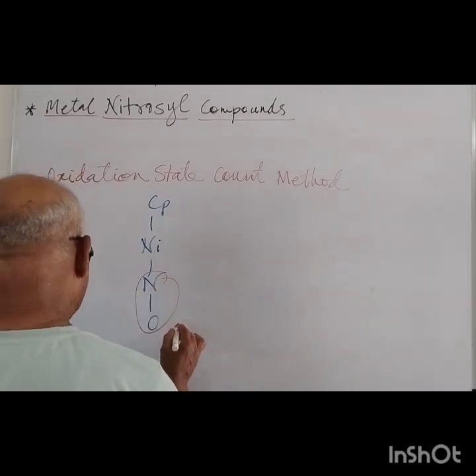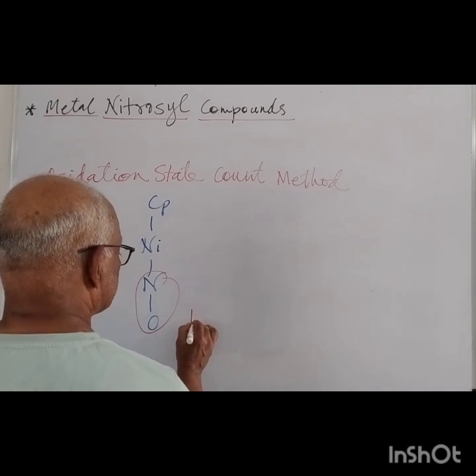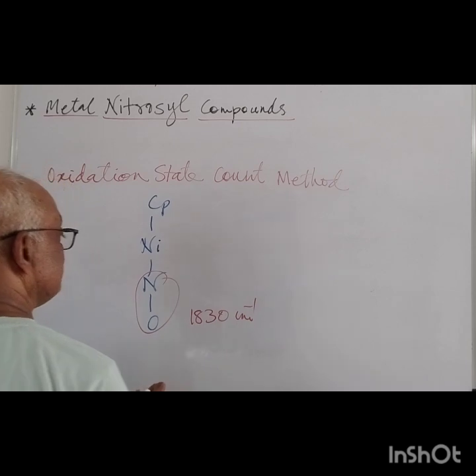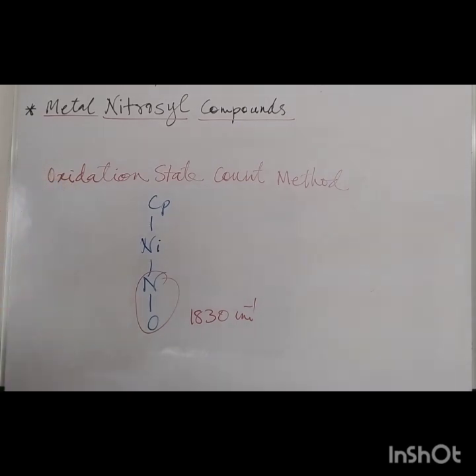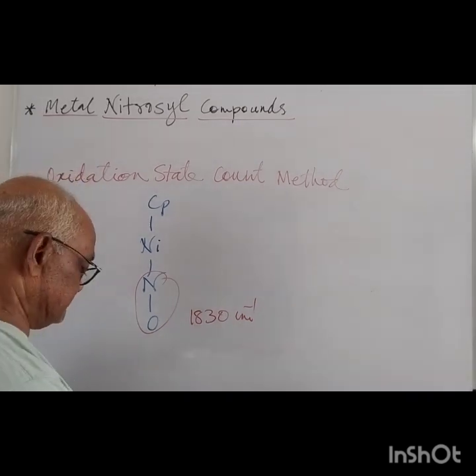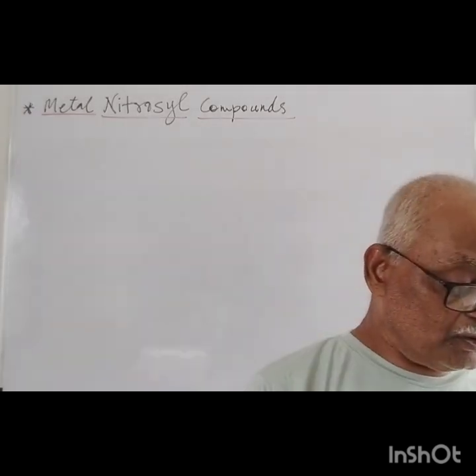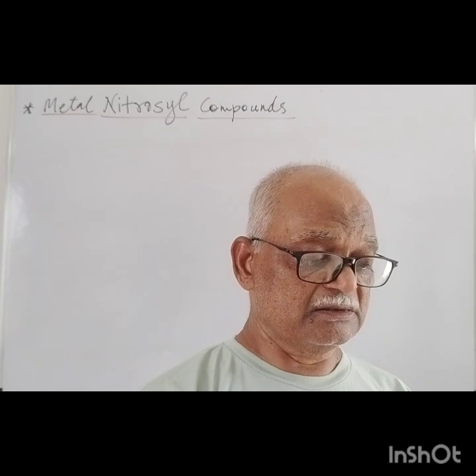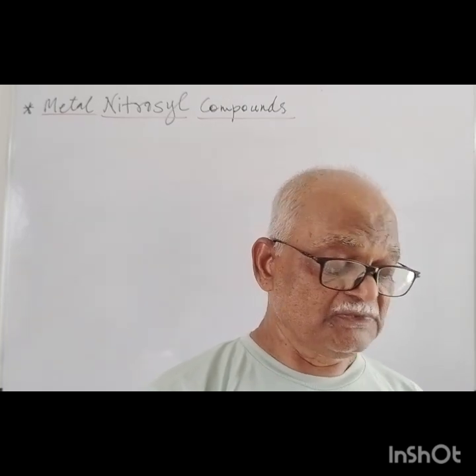This nitrosyl group shows absorption at 1830 per centimeter. NO is a 2 electron donor in both linear and bent forms.